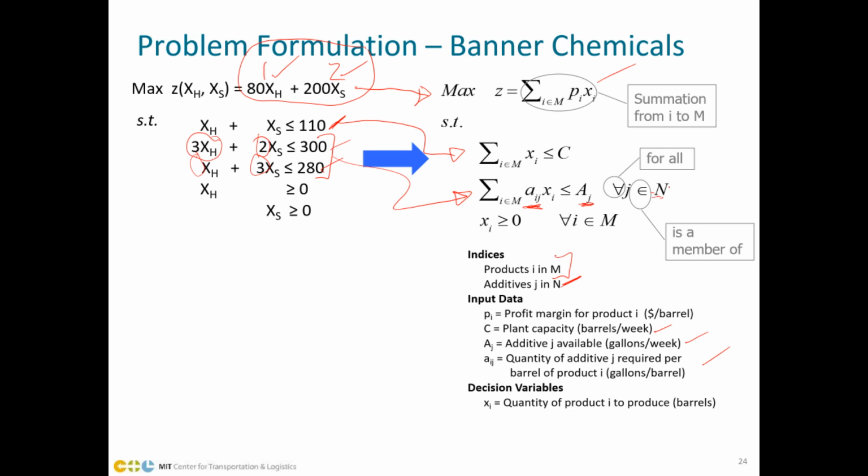So it's saying for all the additives that I have. And then the last one, very similarly, these are the non-negativity constraints. We're simply saying xi has to be greater than or equal to 0 for all of the i's that are in M.